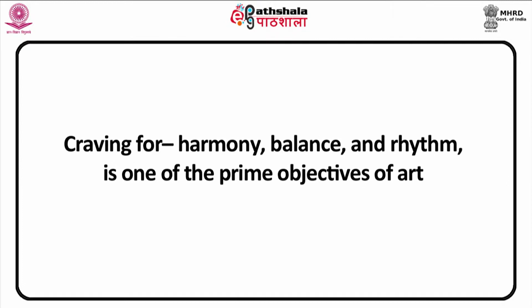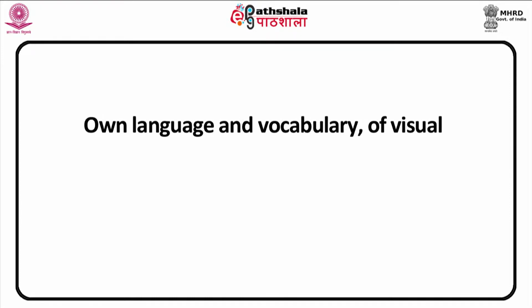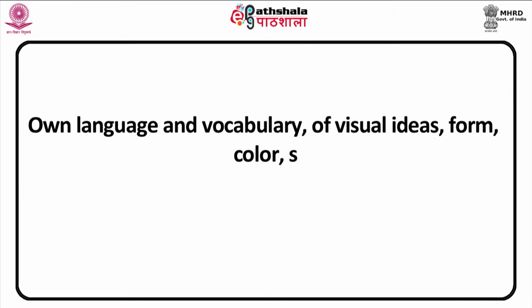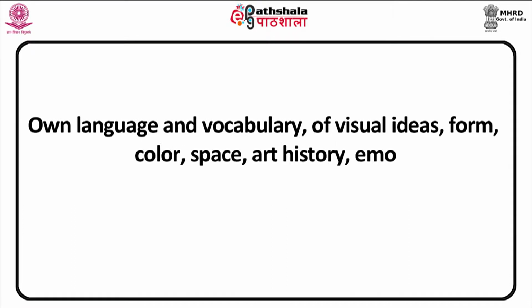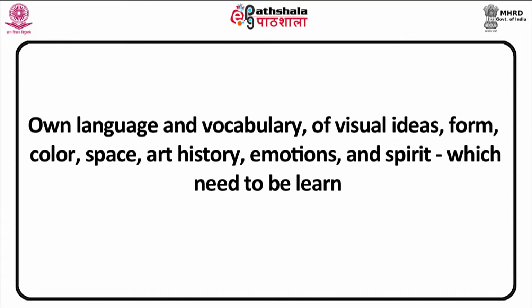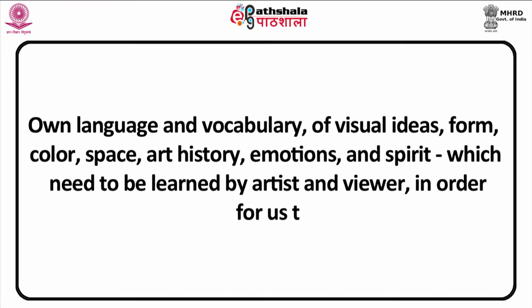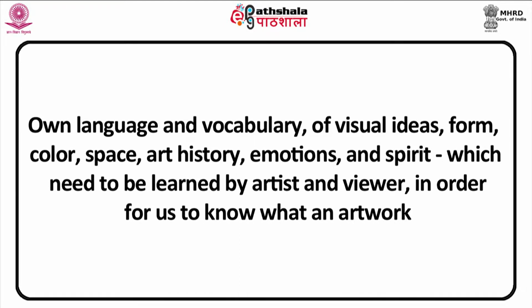objectives of art. Art has its own language and vocabulary of visual ideas, form, color, space, artistry, emotion and spirit, which need to be learned by artist and the viewer.